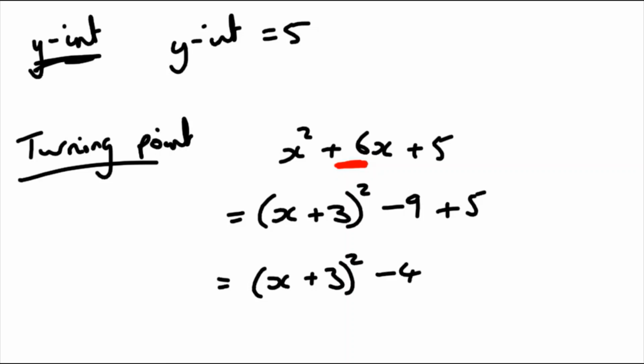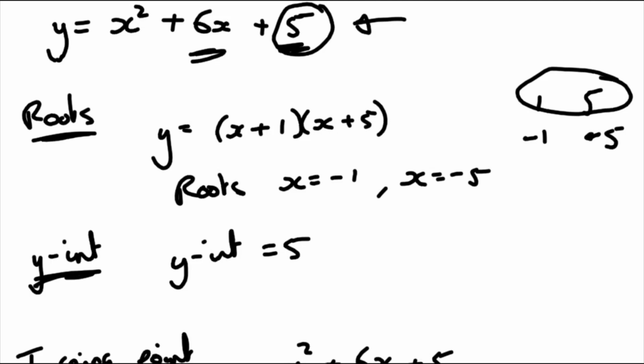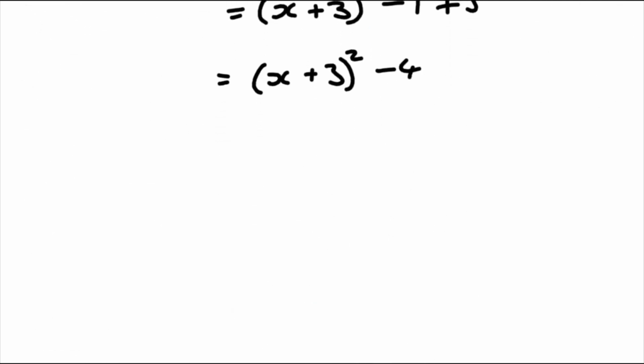Now, as this is a positive quadratic, as in we have a positive coefficient for our x squared up here, the turning point is when it goes from going down to back up again.